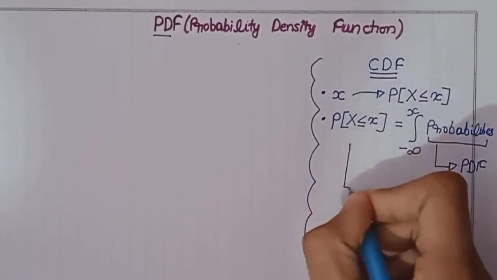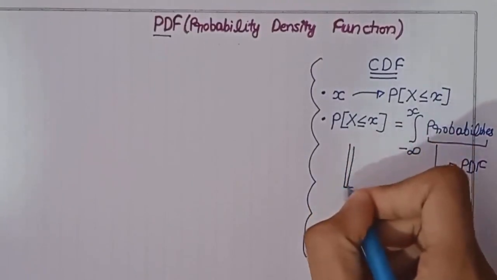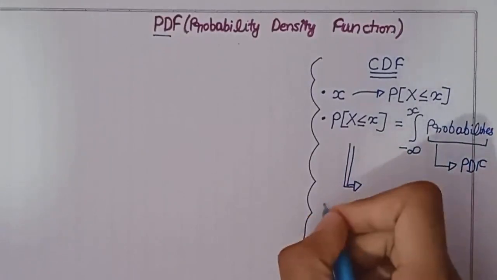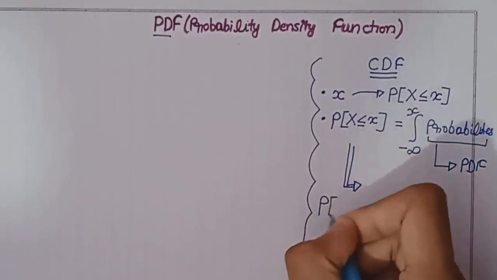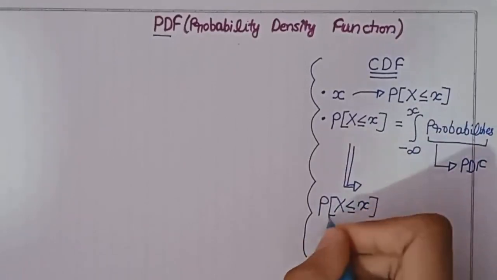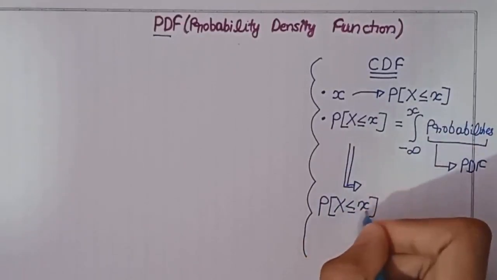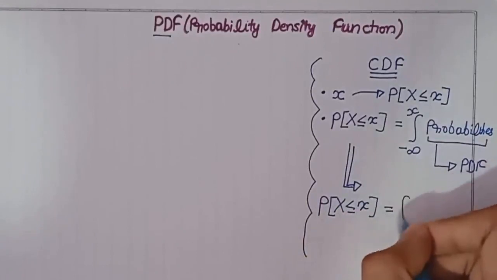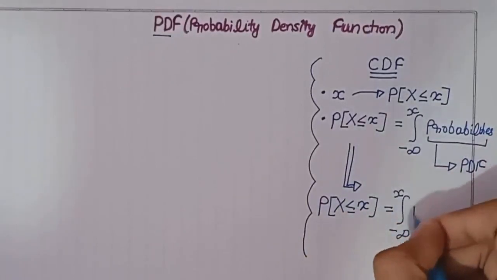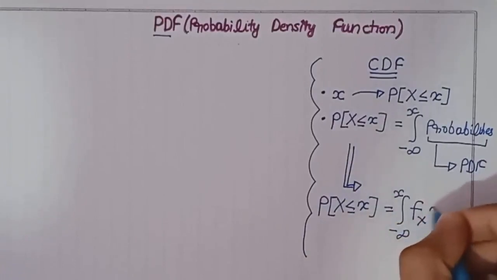Now in this session we will upgrade our formula to the usable form which you will use in your exams, and we will see that the CDF value, that is probability X less than or equal to x, is equal to the integration from minus infinity to x of the PDF.